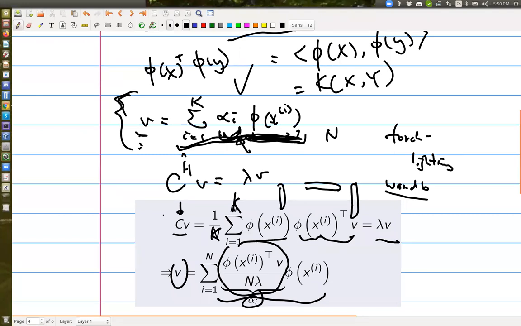I'm wondering, is the reason for that the same or similar to the reason that, for example, in PCA we're subtracting the mean value, or is there a different reason for that?